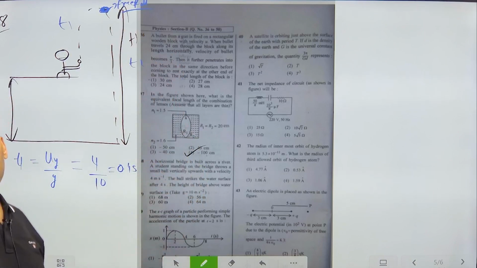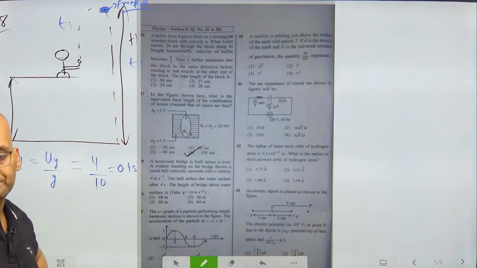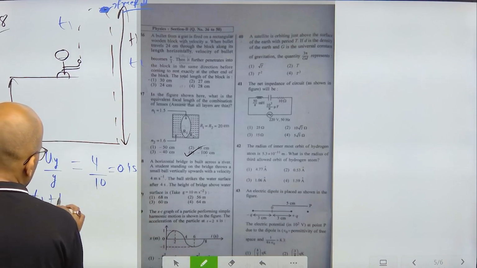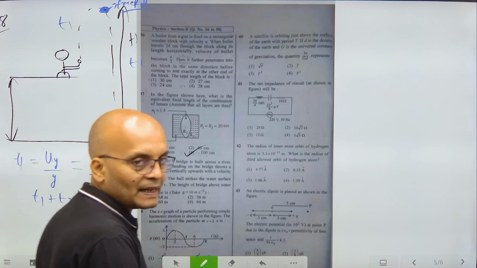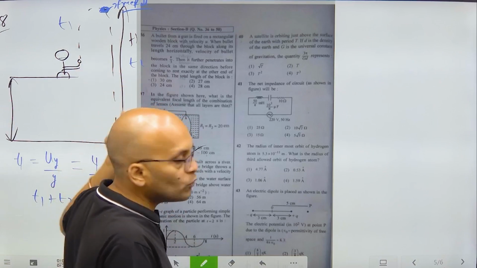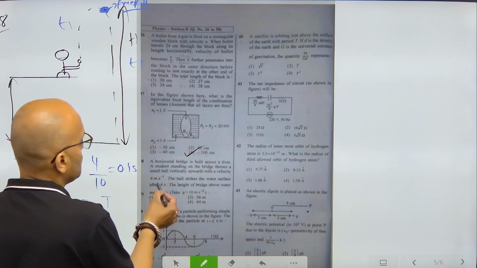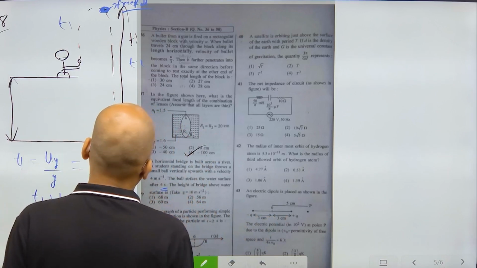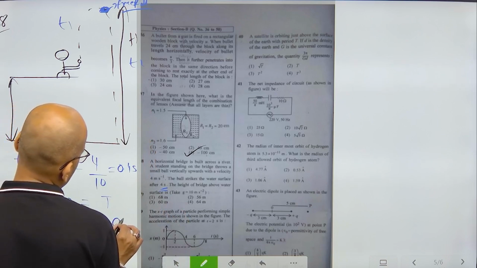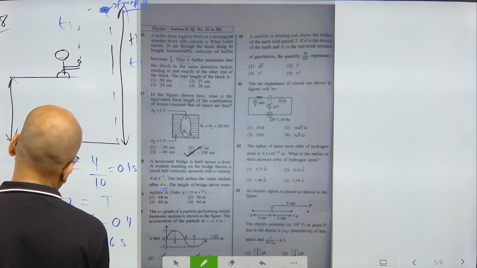So the time taken by the ball to fall from here to here is T2, yes or no? We can calculate T2 how? Because T1 plus T2 will be equal to the total time taken by the ball to move from the boy's hand and fall down in the river. That will be the total time T, and total time T is given to us as 4 seconds. So T2 will be 4 minus T1. T1 is 0.4, so T2 comes out as 3.6 seconds.